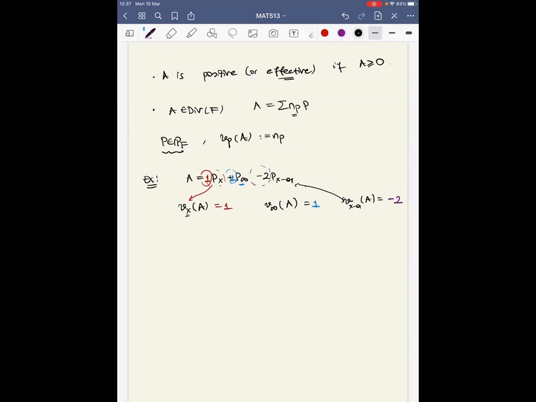And for any other irreducible polynomial, which is different from the linear factors x and x minus a, the valuation of A will be 0 because such an irreducible polynomial does not appear in the sum with non-zero coefficients.